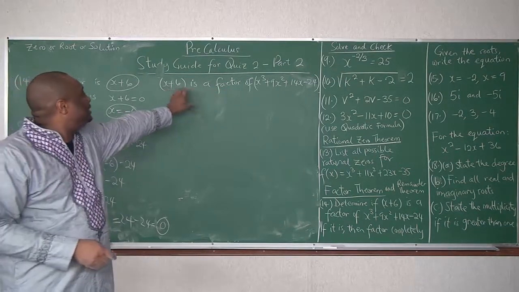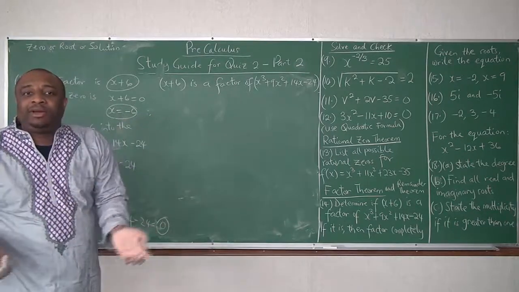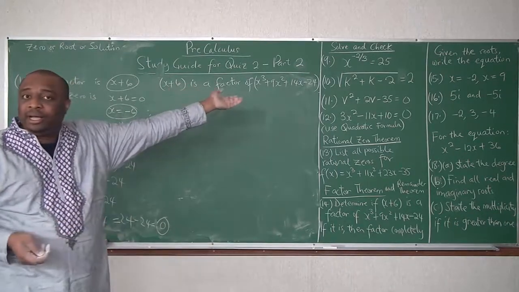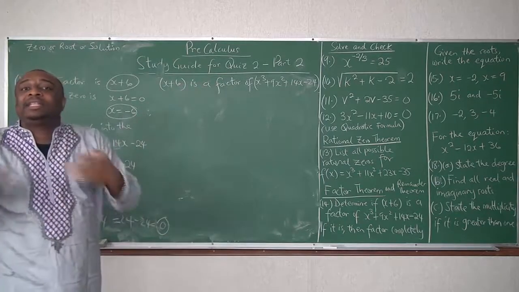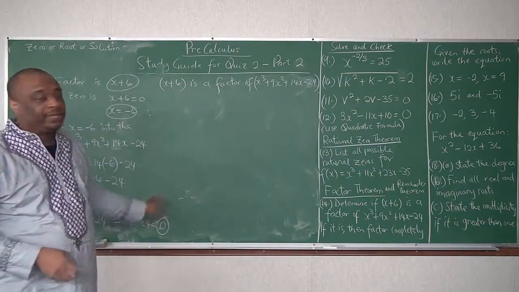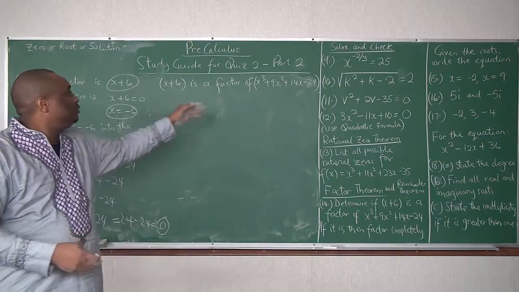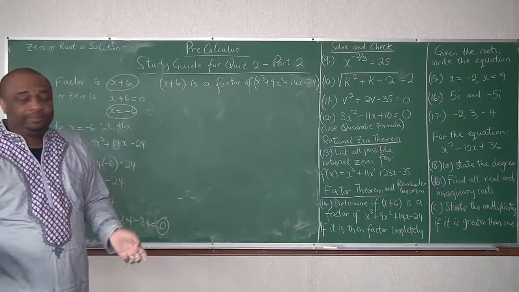So you can use this to divide this. If the remainder is 0, that means this is a factor. That is another way you can do it. Or you can use the factor theorem first to find it out, and then use synthetic division to now factor completely.